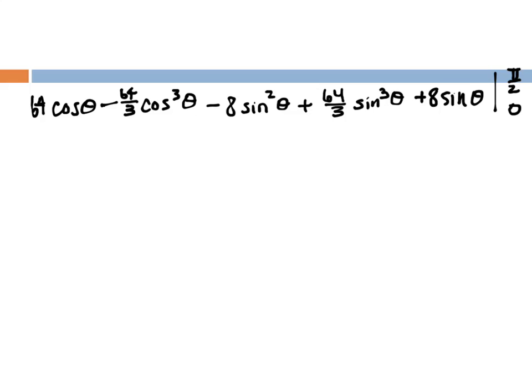When you're at pi over 2, which of the two are 0? Is it sine or is it cosine? Its sine is 0 and the other ones are 1. So to start with, I've got 64 minus 64 over 3. And then I've got 0 here in the middle for the 8 sine squared, 0 for the 64 over 3 sine cubed, and 0 for the 8 sine theta at the end.